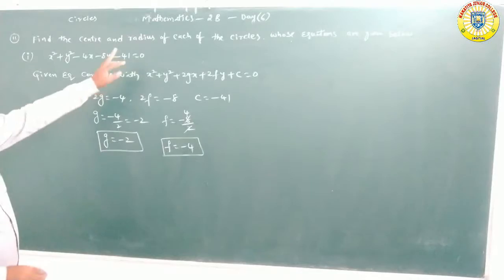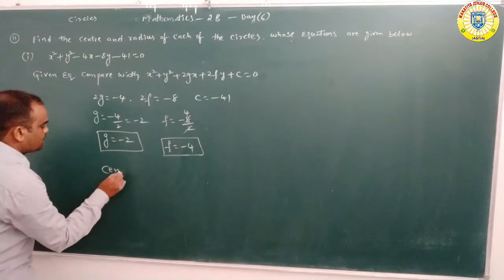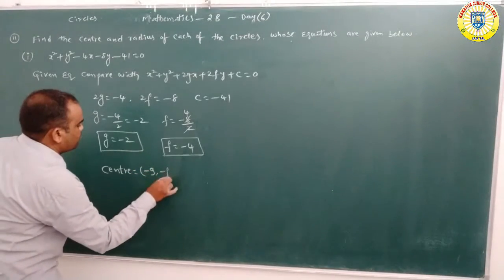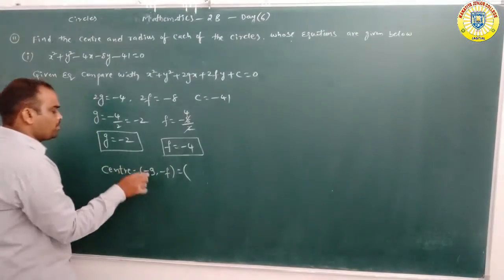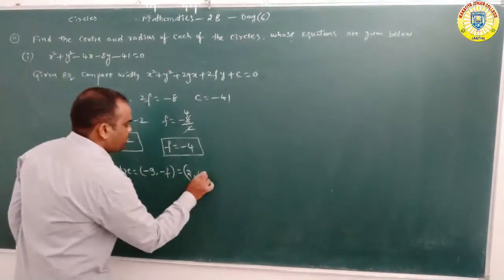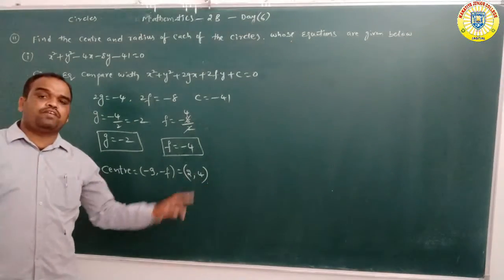Now first we are finding the center. Here the center is equal to minus g comma minus f, that is minus of minus 2, which is plus 2, and minus of minus 4, which is plus 4. The center is 2 comma 4.